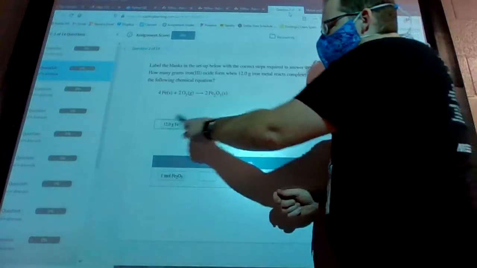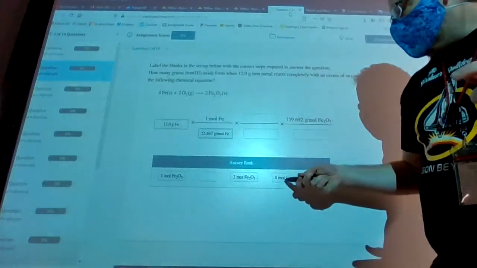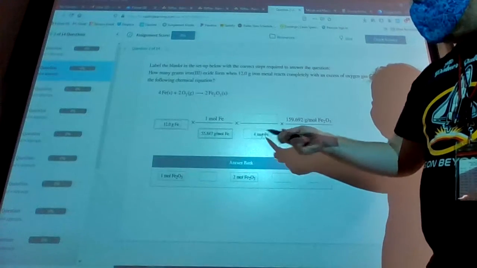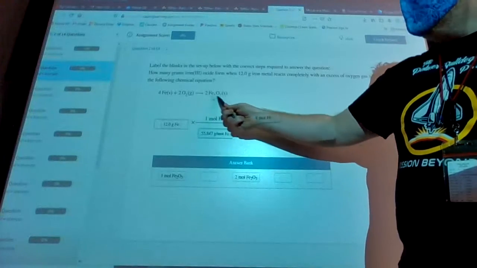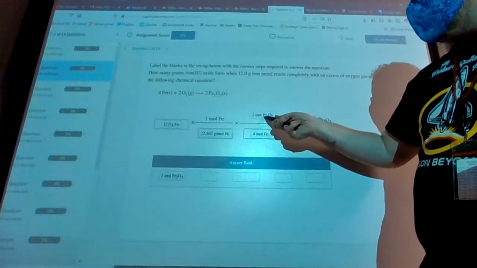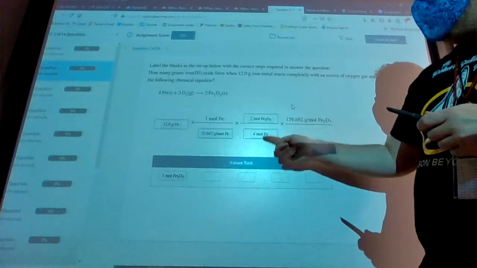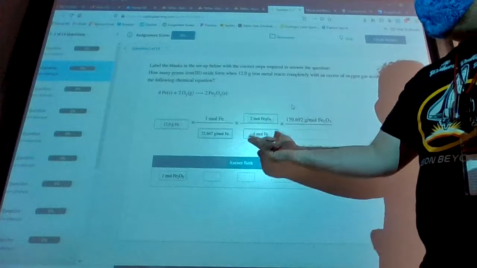And so my chemical A, which is iron, has a coefficient of 4. So I'm looking for this 4 moles of iron. That's going to go on the bottom. My chemical B, iron oxide, has a coefficient of 2. So I'm looking for this 2 moles of iron oxide to go on the top. So this is my mole ratio. 2 moles of iron oxide over 4 moles of iron.